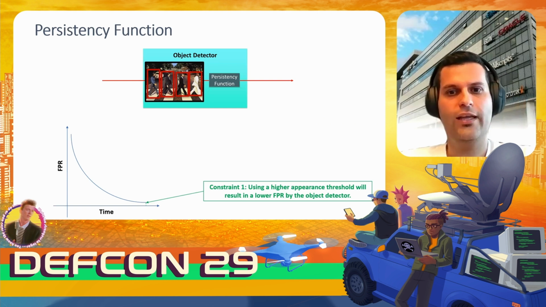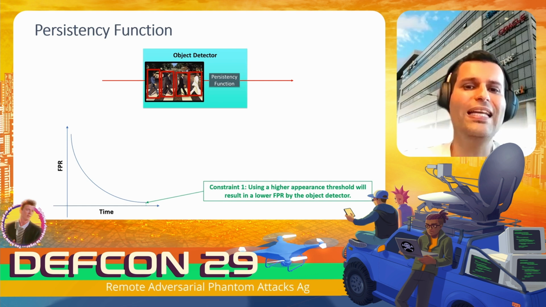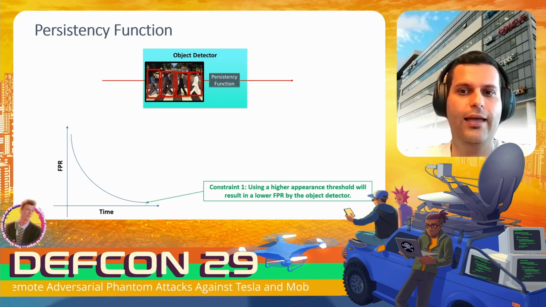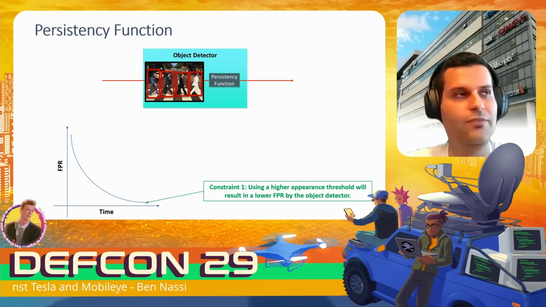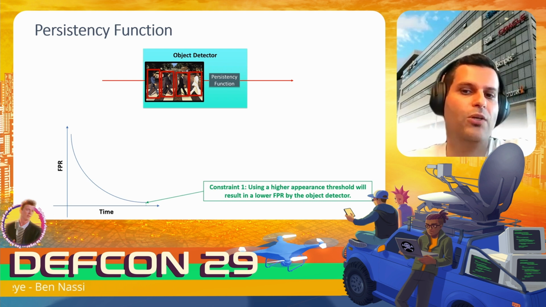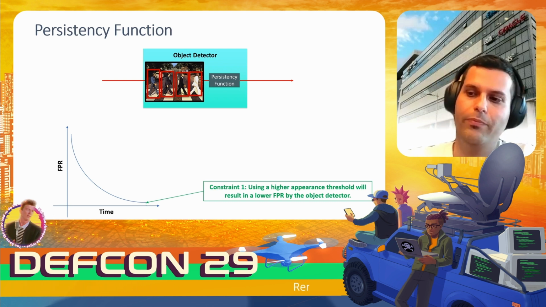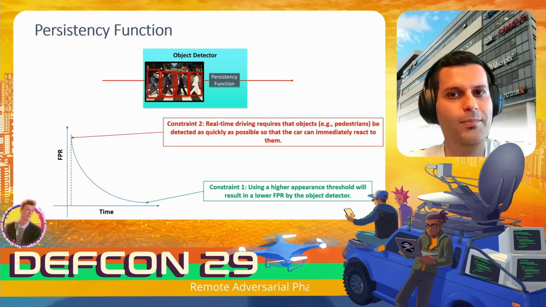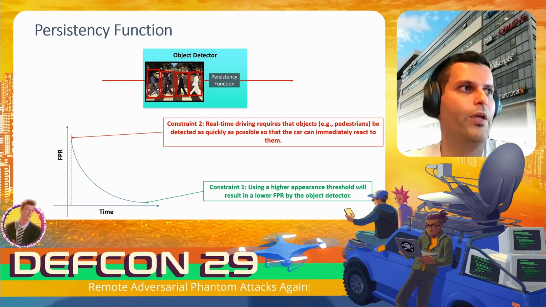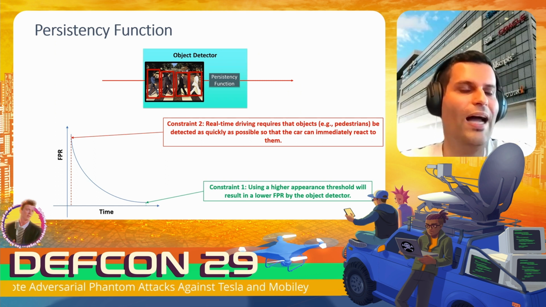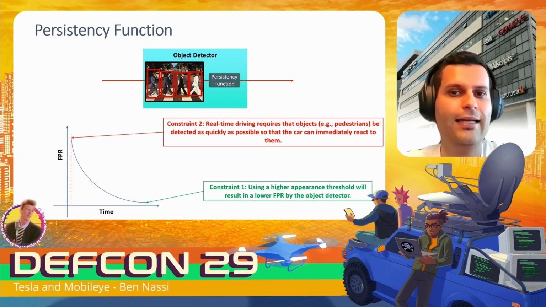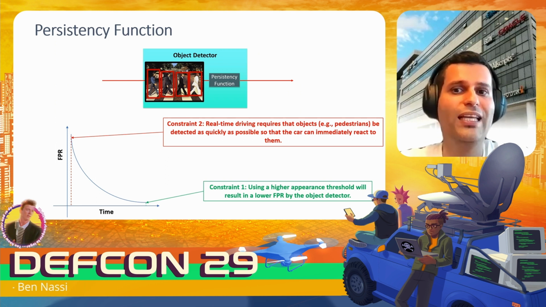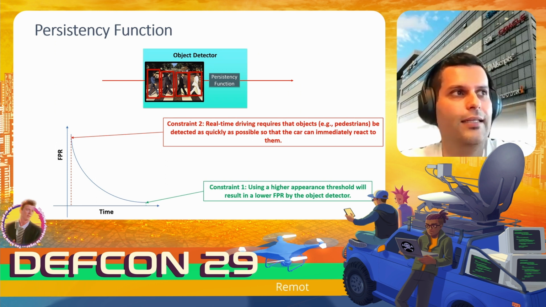Now, the persistency function has one constraint, because you can understand that using a higher appearance threshold will result in a lower false positive rate for the object detector. It means that an object detector with a higher appearance threshold will yield a lower false positive rate, which is good for the overall system. However, in terms of real-time driving, we have an additional constraint which requires that objects, for example pedestrians, need to be detected as quickly as possible, so the car can immediately react to the detected object.